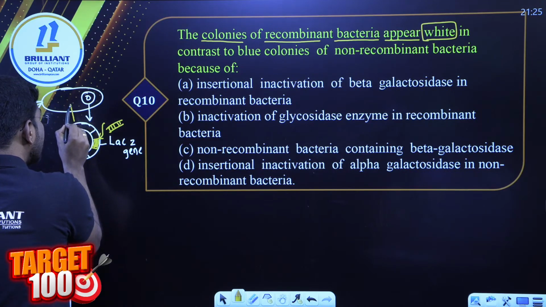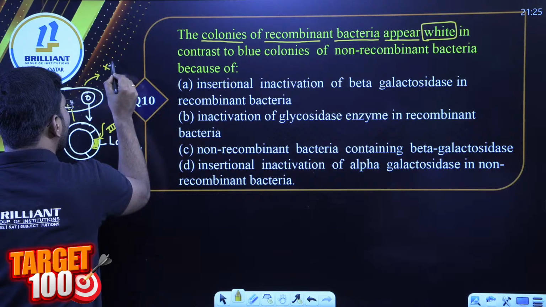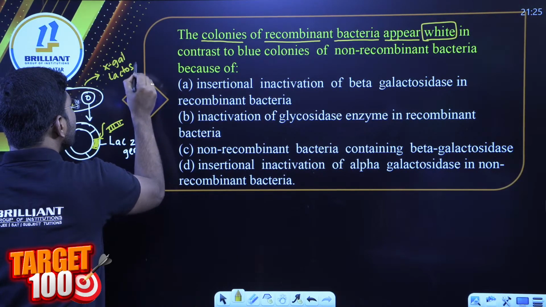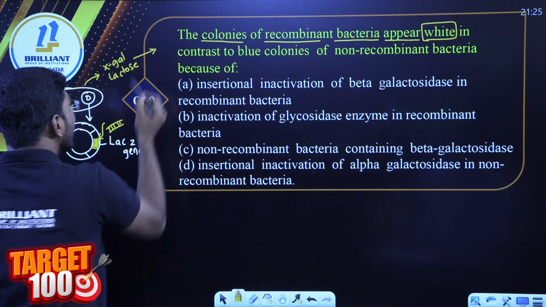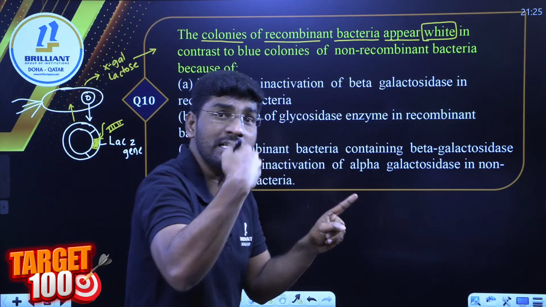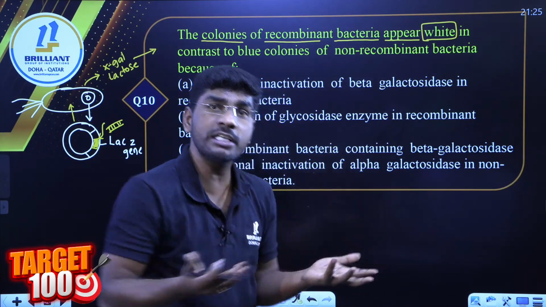Now if I send this into the bacteria, I am keeping the bacteria in X-gal, or synthetic lactose. This synthetic lactose, in presence of beta-galactosidase enzyme, converts from white color into blue color. But if it remains white color, what does it mean?